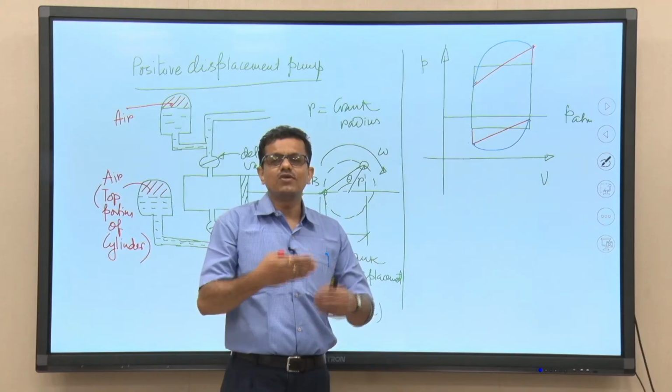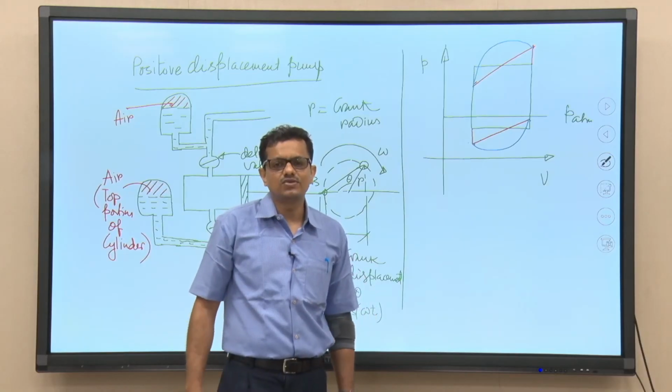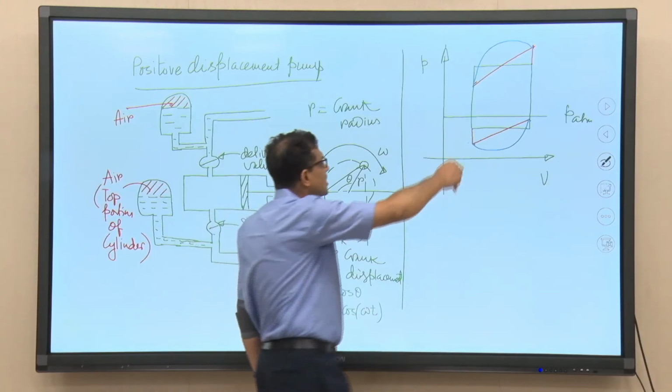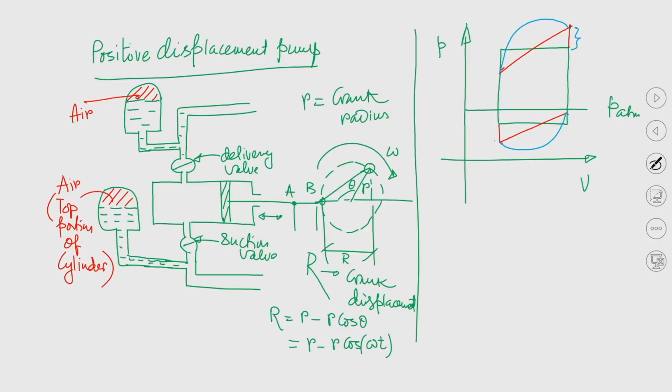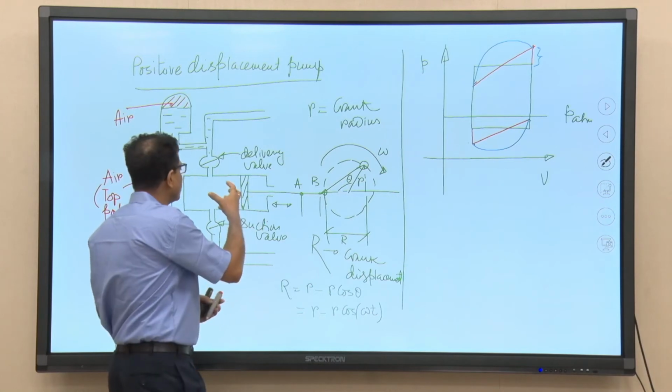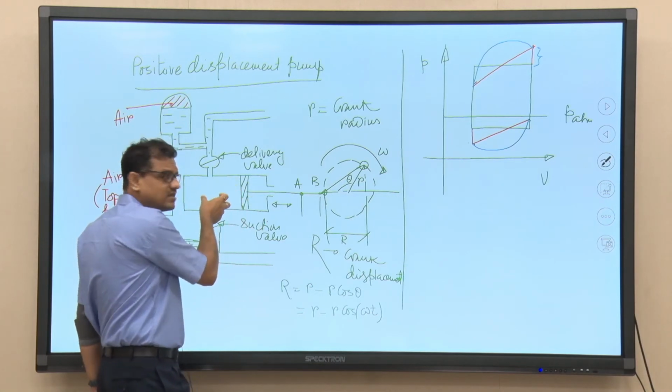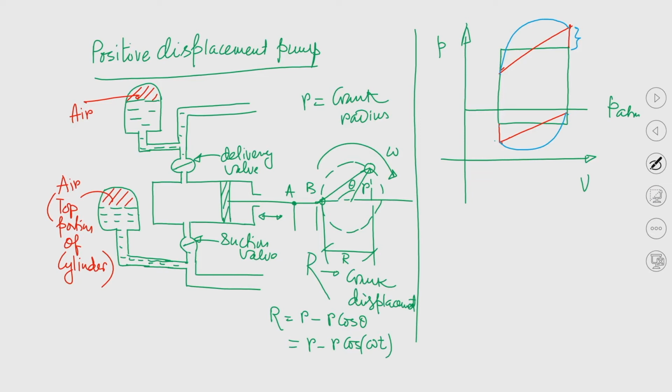The same thing will be there even when the delivery stroke will start. See, you can see at the beginning of the delivery stroke, this is the inertia pressure. So, suction valve is closed, piston is creating a thrust on the liquid mass that is there inside the cylinder, as a result of which liquid mass inside the cylinder as well as in the delivery pipeline will be having acceleration, right.